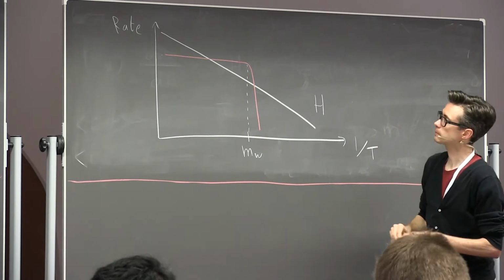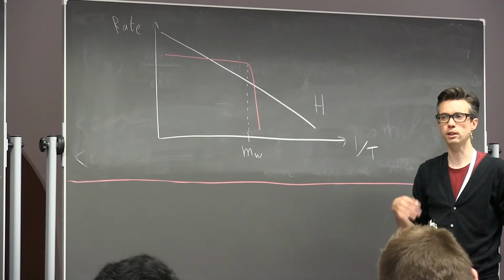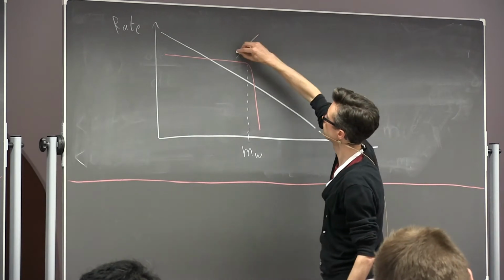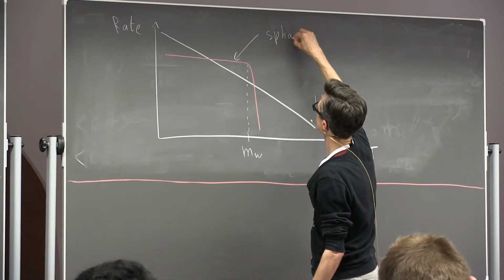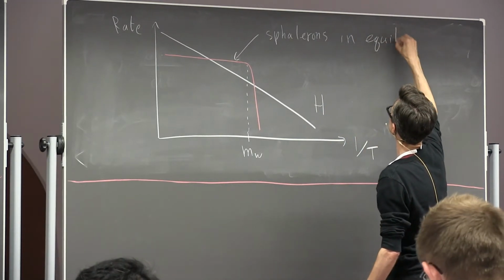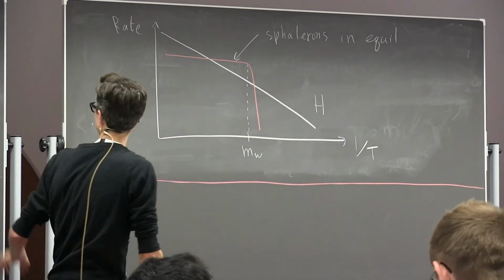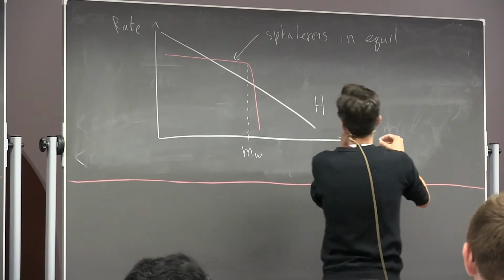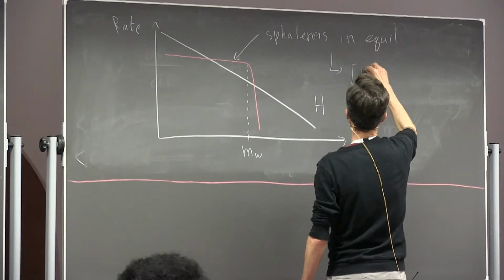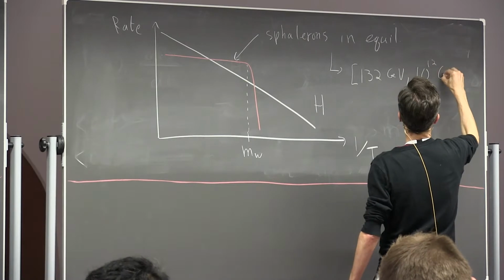So the rule of thumb for a reaction to be relevant, for a reaction to be in equilibrium, is that the rate should be larger than Hubble. So in other words, this region corresponds to Sphalerons being in equilibrium. And if you sit down and work out the numbers carefully, what you find is this corresponds to a range of about 132 GeV up to about 10^12 GeV.